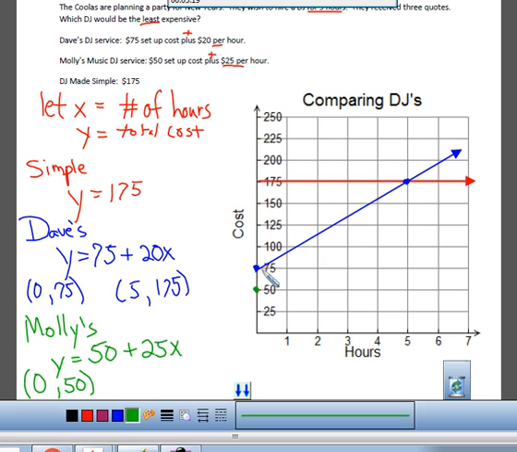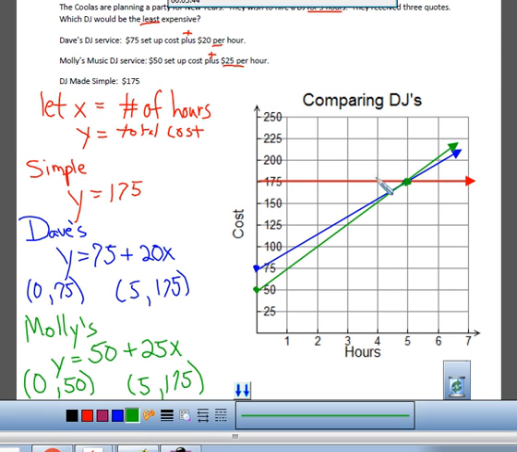And then at 5 hours, I plug in 5 for x, 5 times 25 is 125, plus 50 is 175. So I have my 2 points. I'll use my line tool to connect them. And this one looks like this.